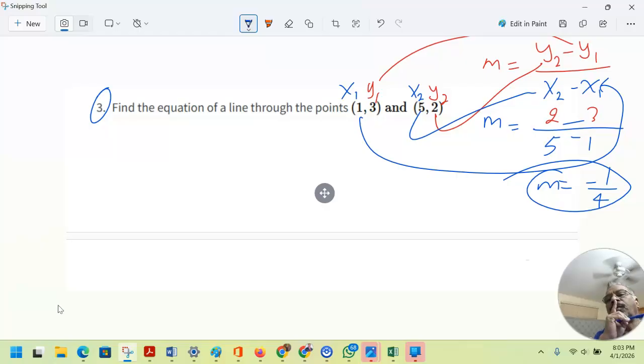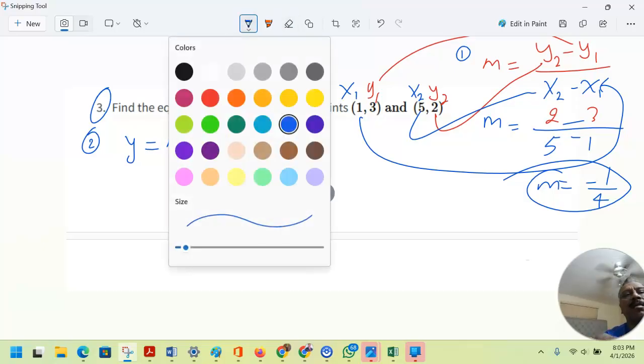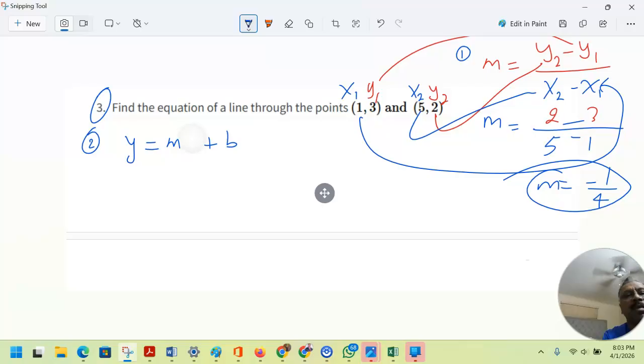Now, once you get this, this is step number 1. Step number 2 is you write the equation, so this is the equation in slope-intercept form. And then this is what goes right here, so that is negative 1/4 of x.